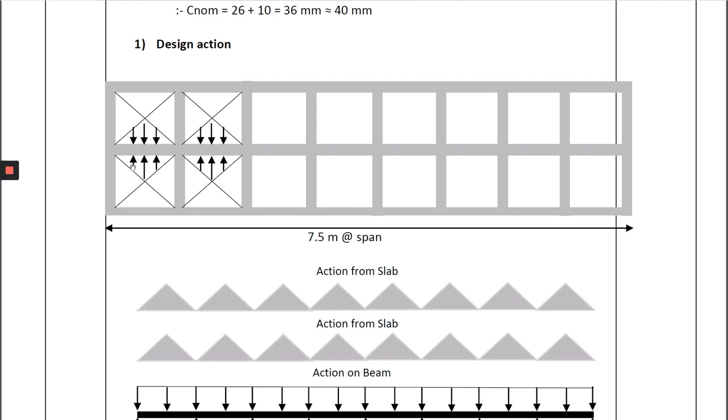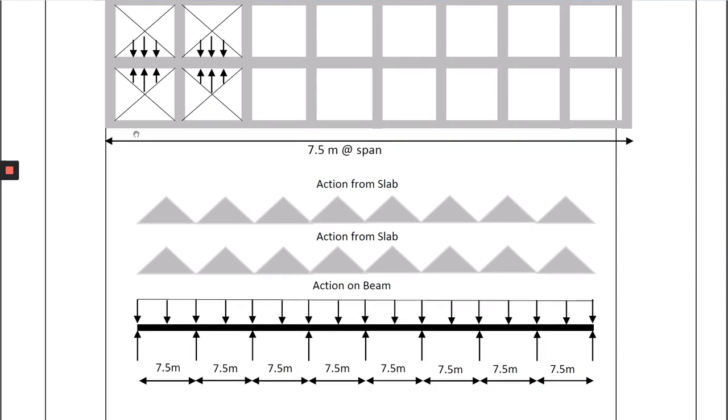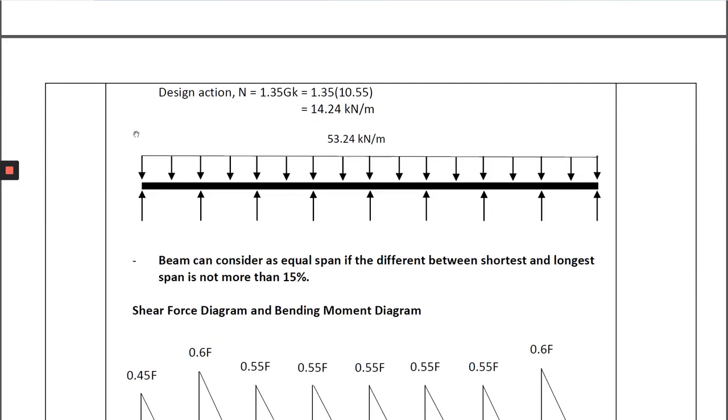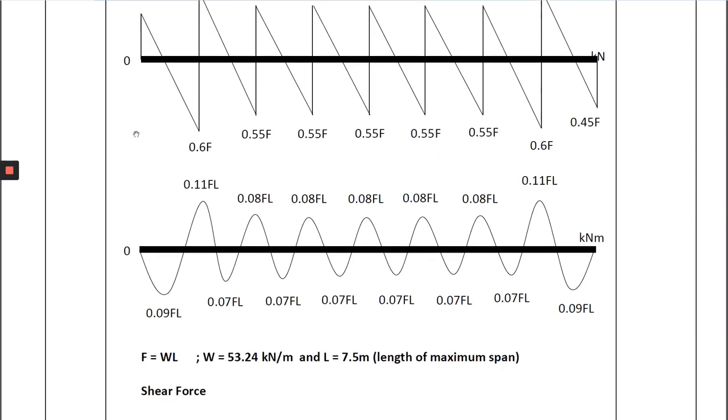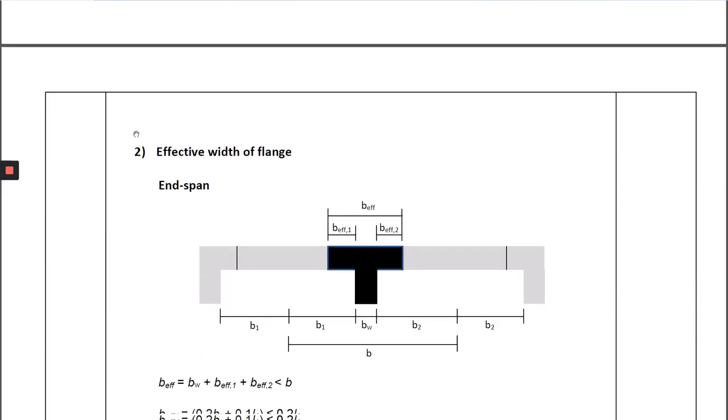For example, if this section is 5 meter and this section is 7.5 meter, your B1 and B2 will have different values. In my case, the length of this span and this span is the same, so I consider my B1 and B2 values the same. If you have different lengths, you will have different B1 and B2 values.